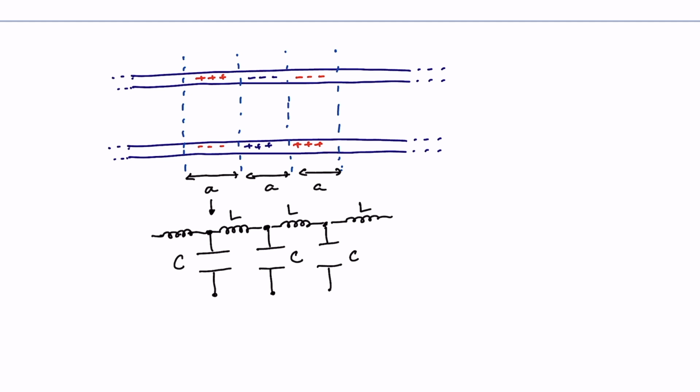Because by convention, without loss of generality, the lower nodes I can simply join by a line, and this is our circuit model.